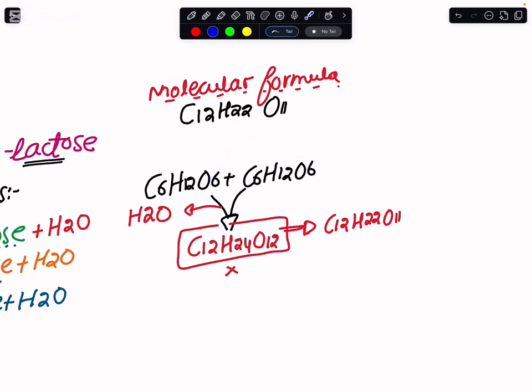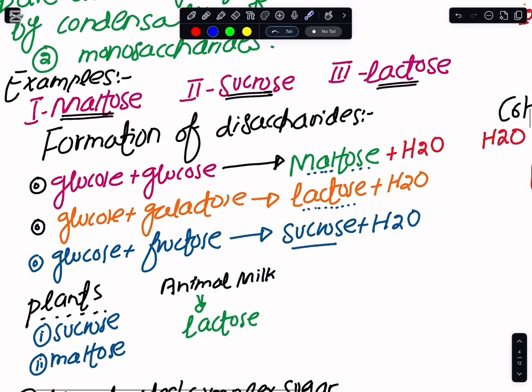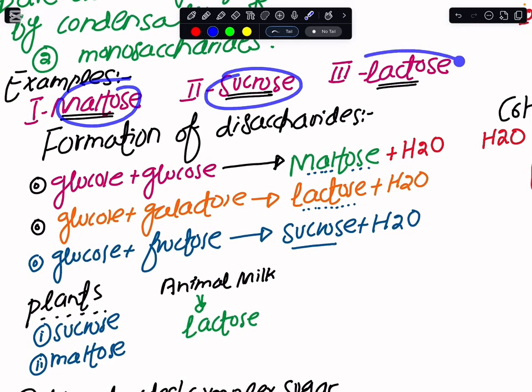But this is not the case, because I have to take one water molecule out of it. So instead of C12H24O12, the formula is C12H22O11, because two hydrogens and one oxygen have been removed in the form of a water molecule. This is why their formula is the same for maltose, sucrose and lactose.